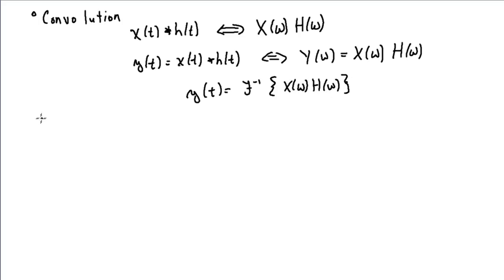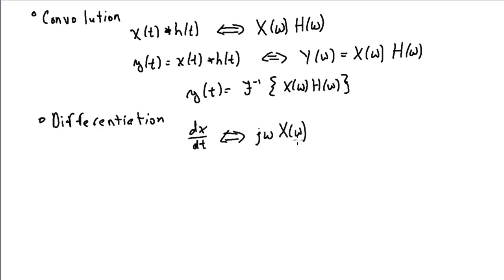Okay. And two other properties quickly. Differentiation. The derivative of x with respect to t transforms as j omega times x of omega, multiplication by j omega, and so an nth derivative of x with respect to time transforms as j omega to the n power times x of omega. And finally, integration.